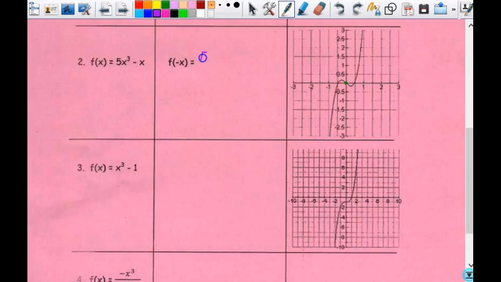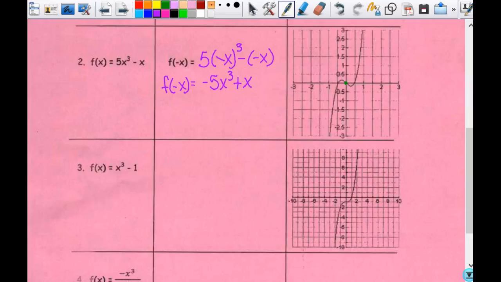We're going to get 5 times negative x cubed minus a negative x. So f of negative x equals, what's negative x cubed? Negative x cubed is negative x cubed. This is going to give me negative 5x cubed, and then minus a negative x is plus x.